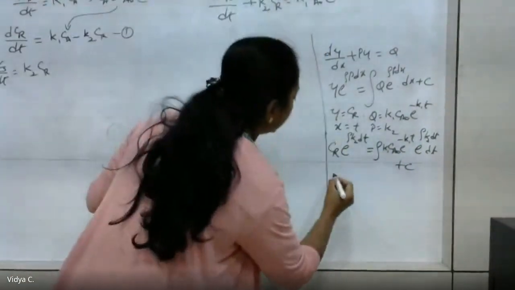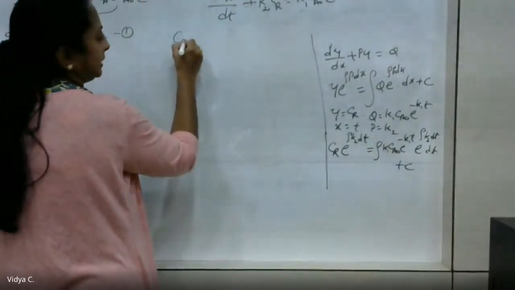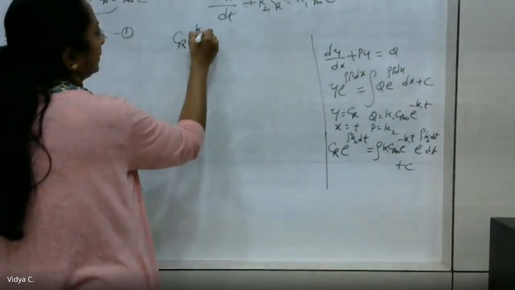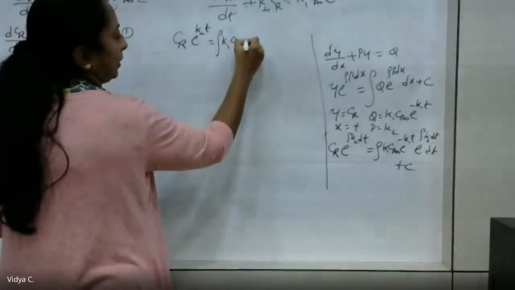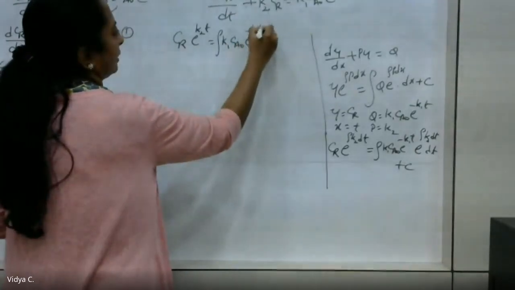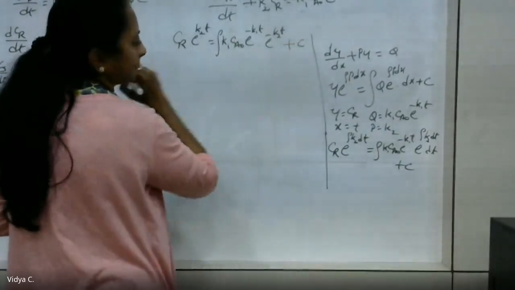So now I'll solve this. CR e to the power of K2 t is equal to integral of K1 CA naught e to the power of minus K1 t e to the power of K2 t, plus c.